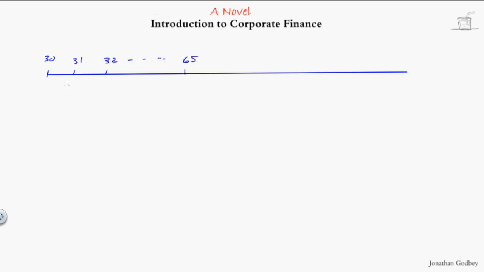He's going to make deposits into his retirement account every year until he's 65. Then when he's 66, 67, and 68, he's going to work part-time. He doesn't have the money to actually make any deposits, so no deposit and no withdrawal.